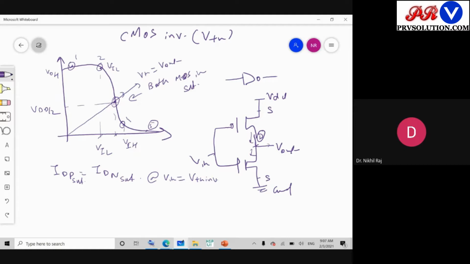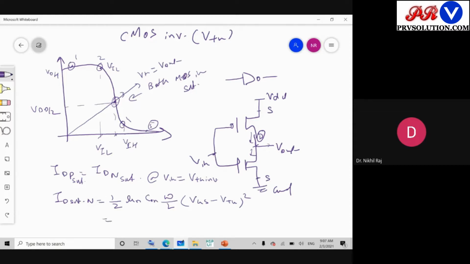The saturation current equation we know: ID sat of NMOS is given by half mu n Cox W by L times (VGS minus VTH) whole square. In this case, what is VGS? VG is Vin and VS is 0.